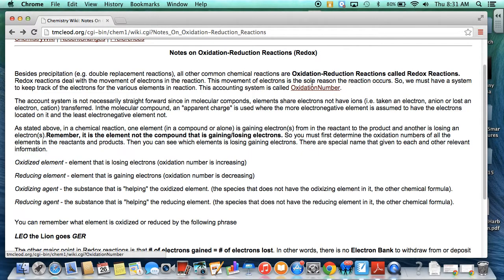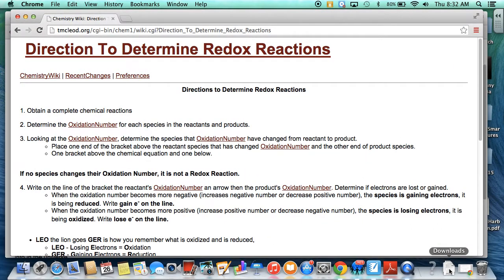So how do you actually determine these four things? That's what the directions are for. This determination of what's being oxidized, reduced, reducing agent, and oxidizing agent is done by what is called oxidation number.